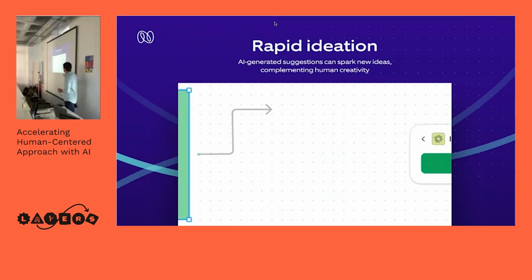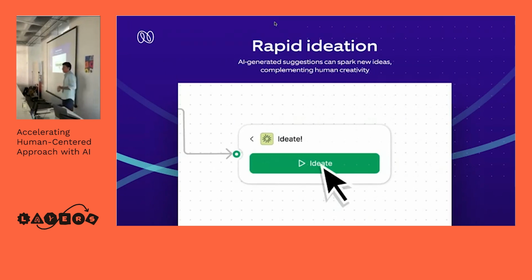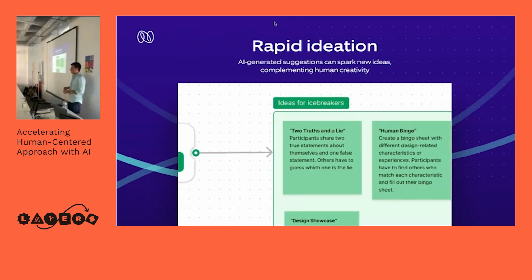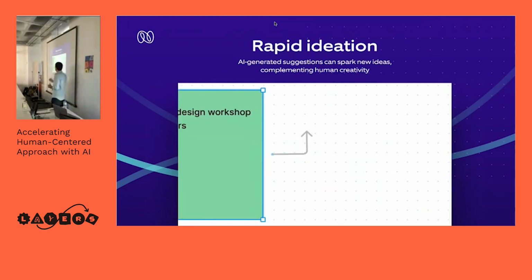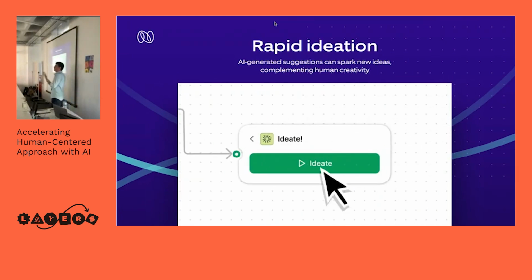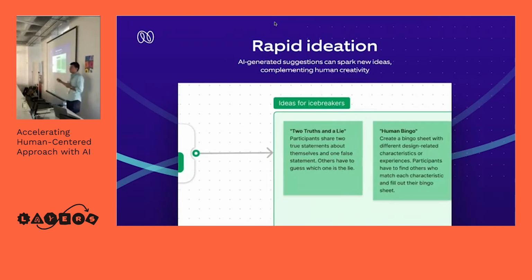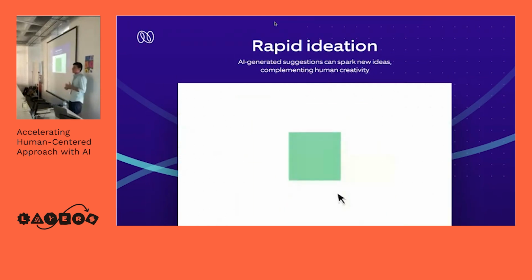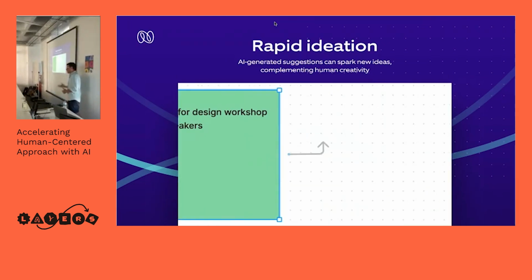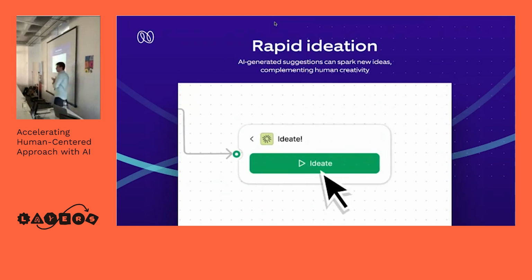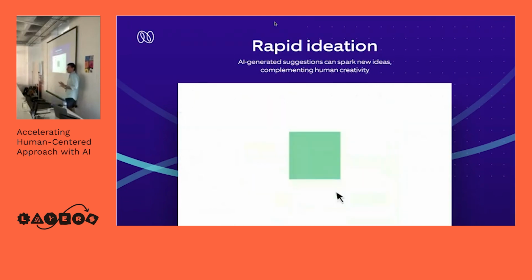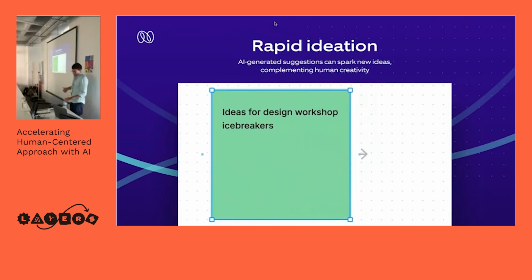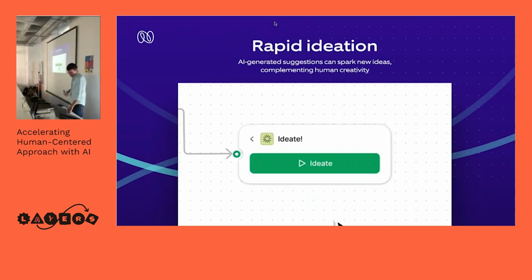Again, here comes FigJam and their generative functionality where you can put the same context, the same problem space, and you click a button and it tells you, here are a few ideas that you can use in order to solve this particular challenge. Again, it's not replacing you as the medium to generate ideas. It's just helping you and enhancing the work that you do already. And again, accelerating things a little bit.